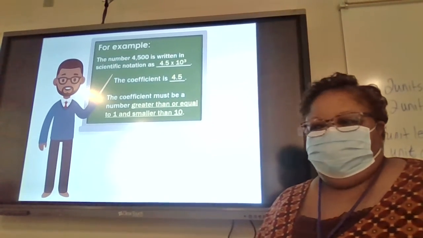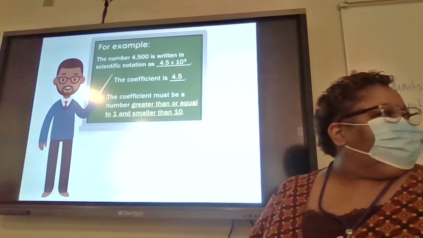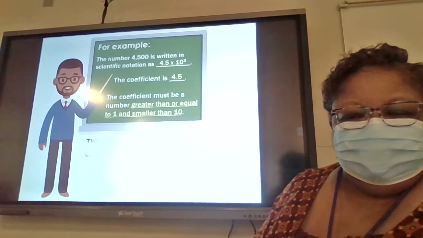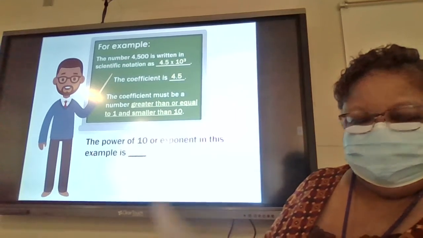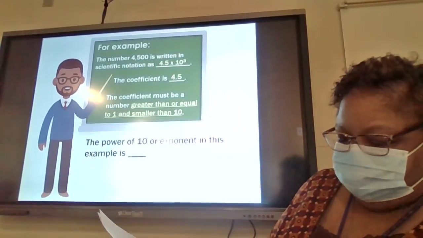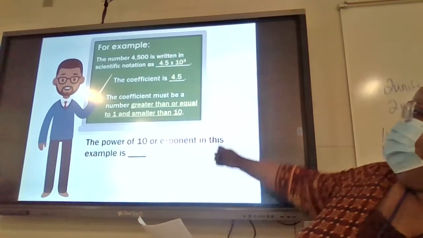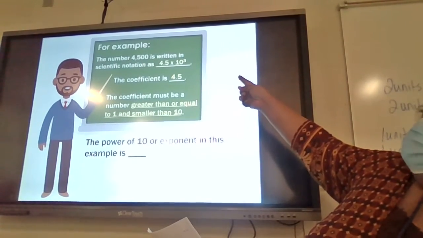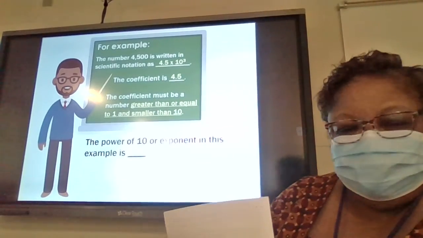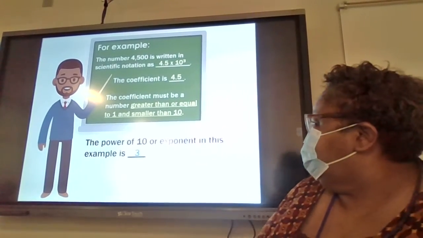Or are we not at the point where you have questions yet? Are we almost there? Okay. The power of 10, or the exponent in this example, before I bring it up, what is the exponent in this example? 3. So that's what you're going to write. It's 3.